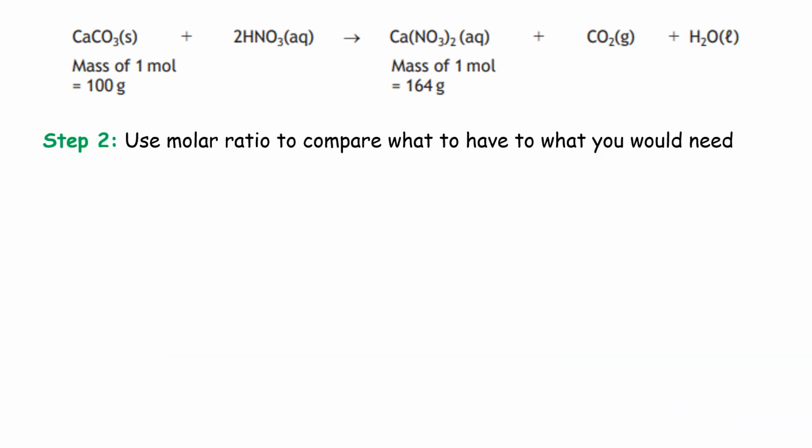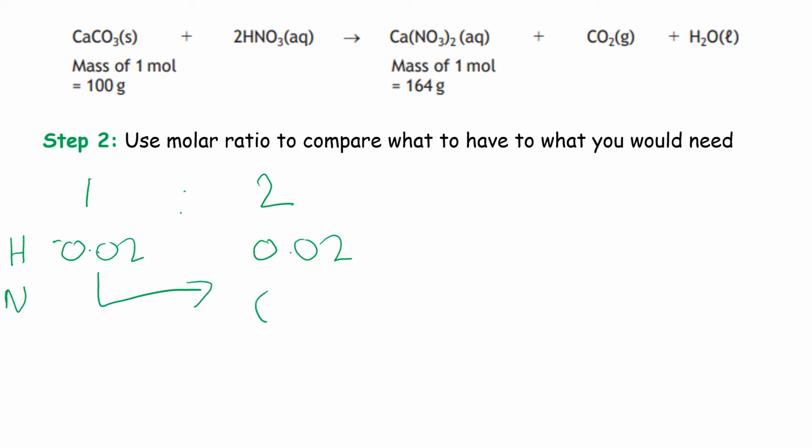Second step is to make sure we use the molar ratio. So for calcium carbonate, we've got a 1 to 2 ratio. And what we have is 0.02 and 0.02. Now if we look at what we need, if we've got 0.02 here, we're going to need 0.04.